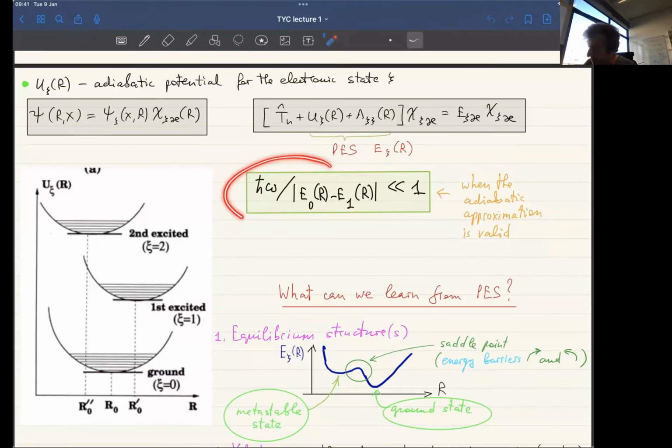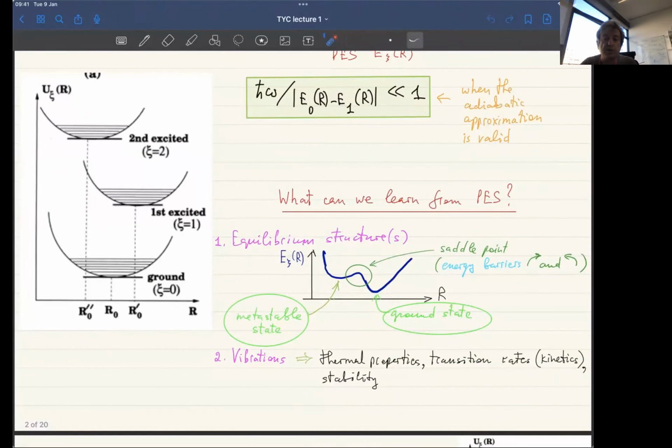So this is basically what I just said, mathematically expressed like that. The characteristic phonon energy divided by the difference between these two energies is much smaller than 1. So that means that that distance here is very small. You may fit many phonons within this energy interval.